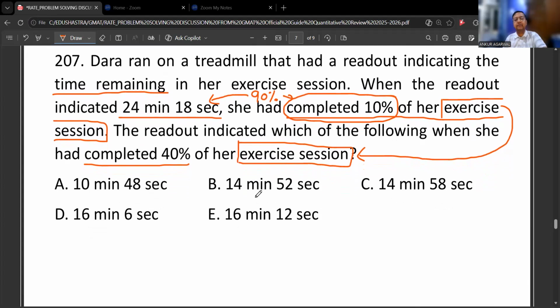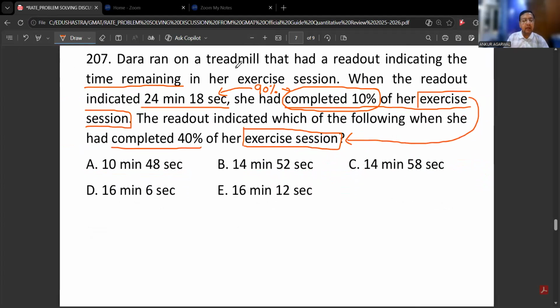Now I start solving and getting your answer. Okay, so first convert this 24 minute and 18 second, right? Convert this into the seconds. Okay, because we have to take one unit, right?